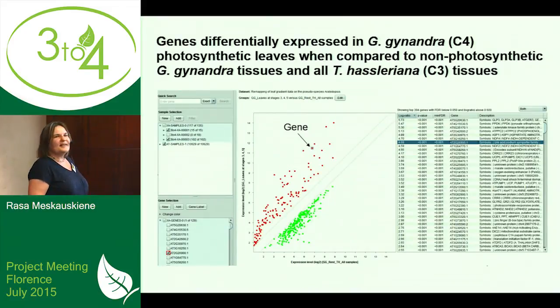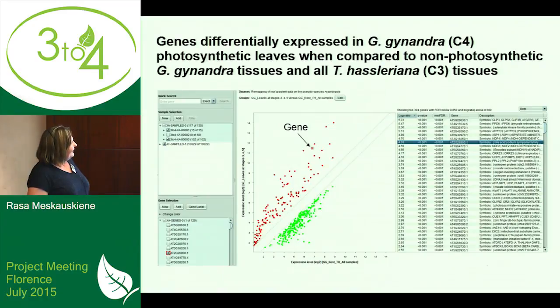So each dot here represents a gene. So those genes that are red are expressed more in Chinandra C4 photosynthetic leaves, and the green dots are expressed less in Chinandra photosynthetic leaves versus all other samples.